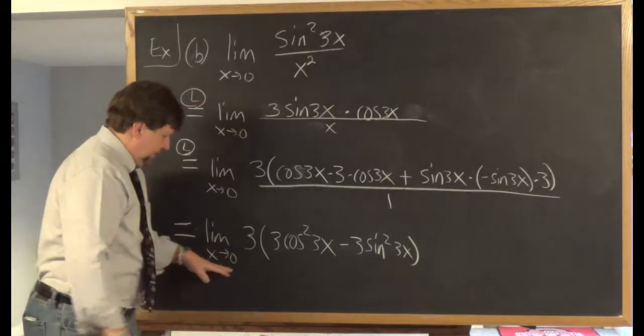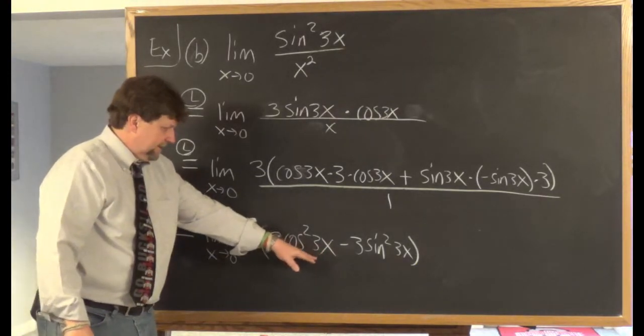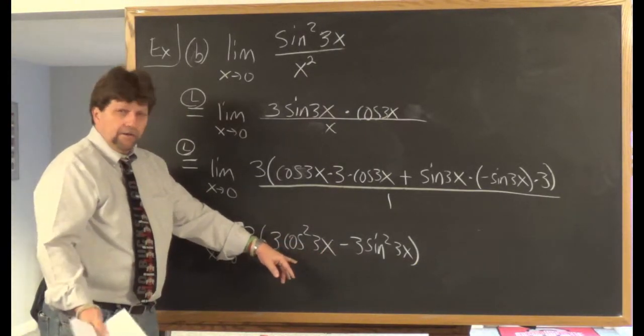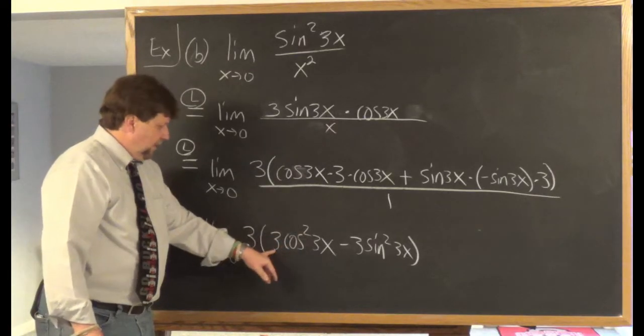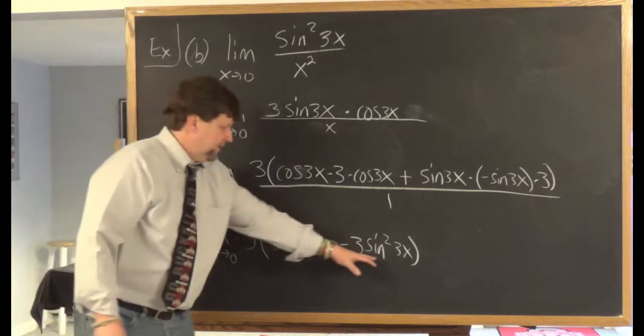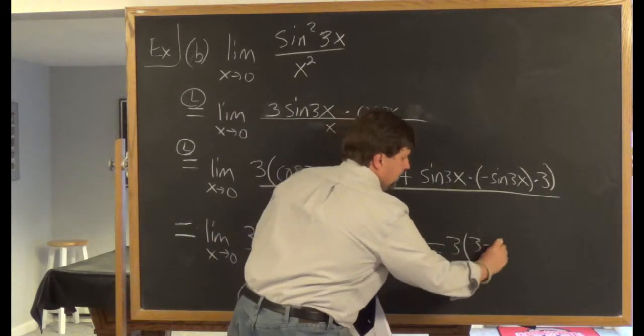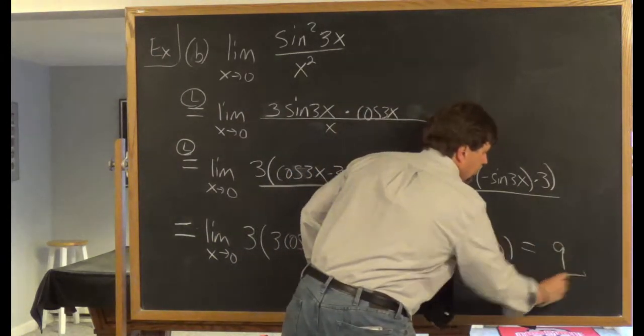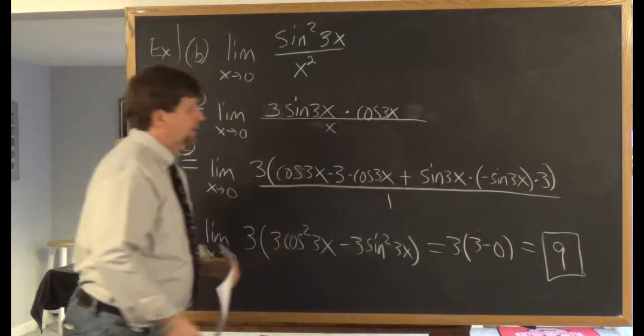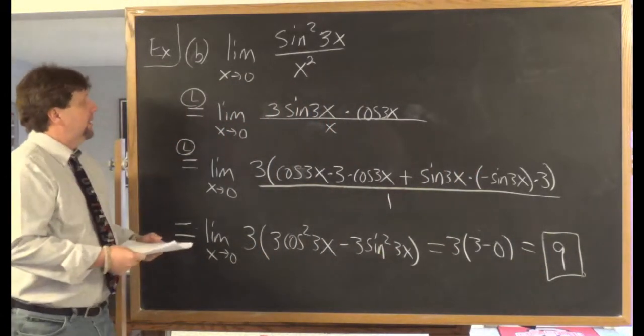And now I put 0 in for x: cosine of 0 is 1, 1 squared is 1, 3 times 1 is 3, this is 0, so I get 3 times 3 minus 0, so the limit is 9.